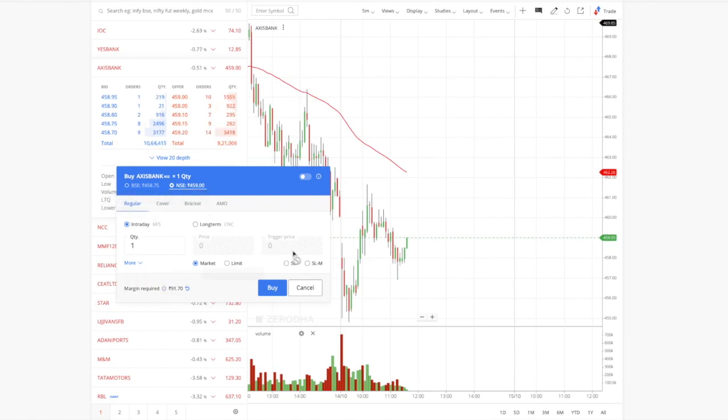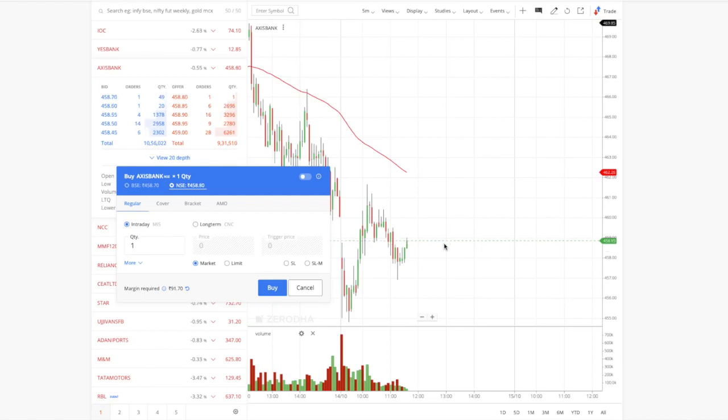I realized that for purchasing a stock whose price is almost 460 rupees, the margin money required is just 91. So I just need 91 rupees in my account to purchase a stock whose value is 460. In simple words, to purchase one unit share, I just need 91 rupees in my account.